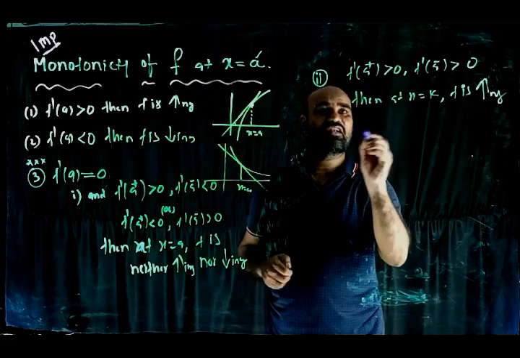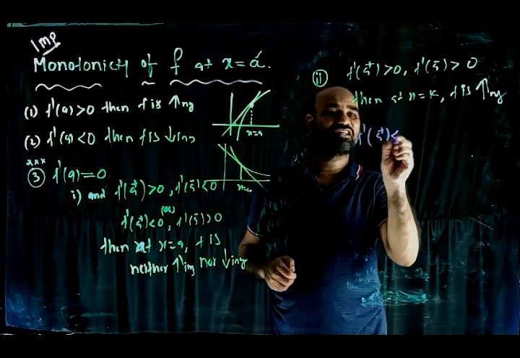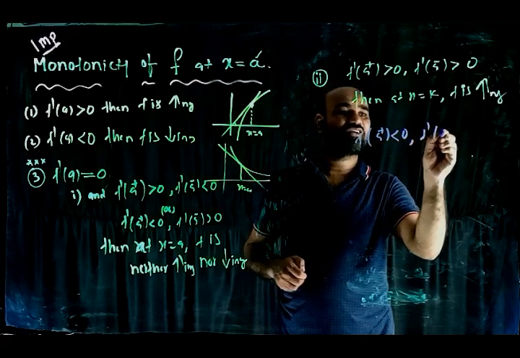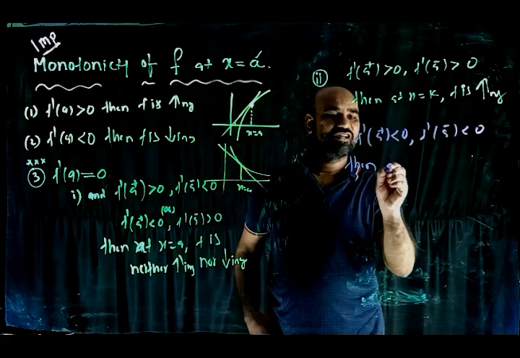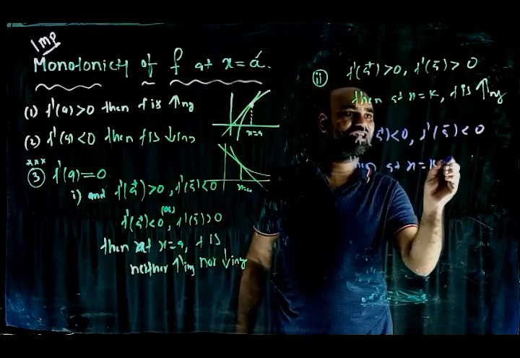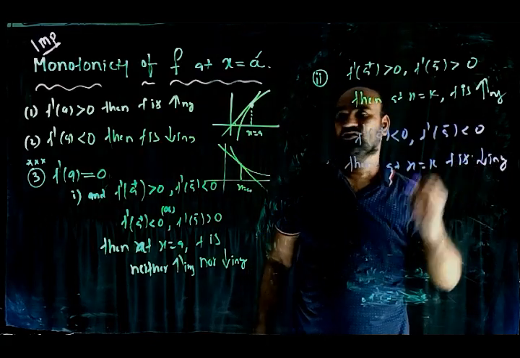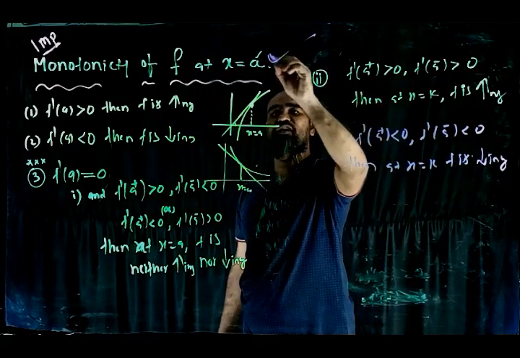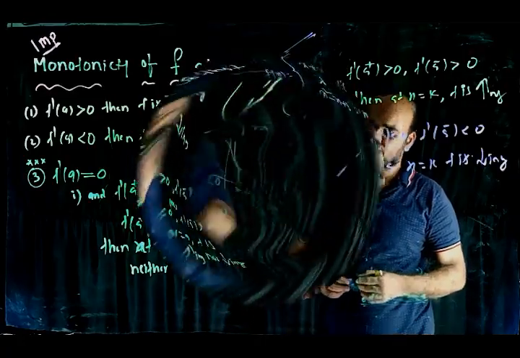In this, the second part is there. What is that? f dash of a plus less than 0, f dash of a minus also less than 0, then at x equal to k, f is decreasing. So, this is the concept of finding monotonicity of a function at a particular point.